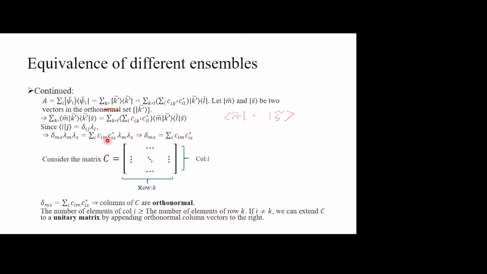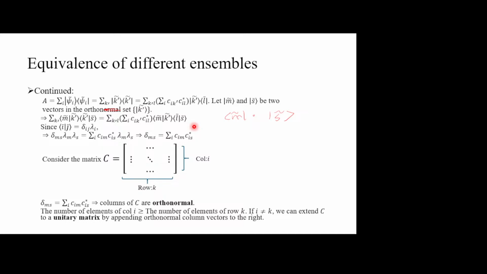Okay, so it's k prime to m, and you have lambda m here, and similarly this summation over l and the delta ls will turn l equal to s. So you have c star of is here, and the lambda m, lambda s here. And from both sides, you cancel the lambda m, lambda s, and you just arrive with delta ms equal to summation over i, c_im star and c_is.